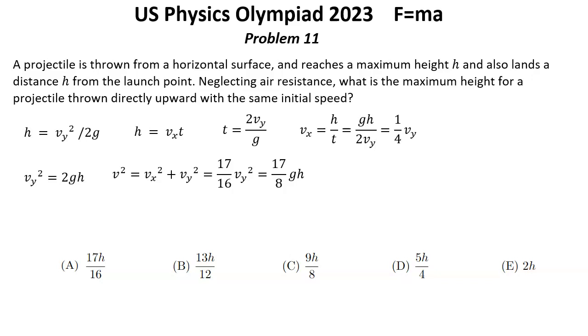And last, for the second case, we have height equals v squared over 2g, or 17 over 16 h, which is answer A, and this was the solution for problem 11.